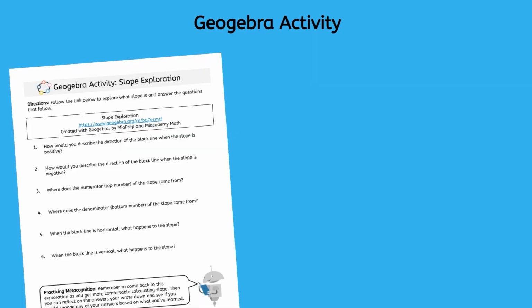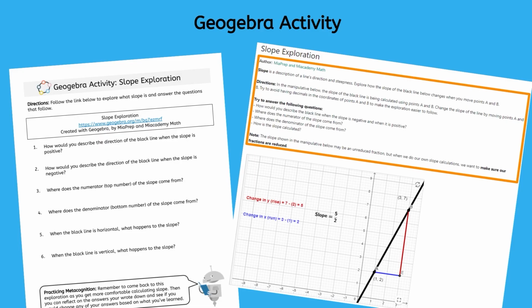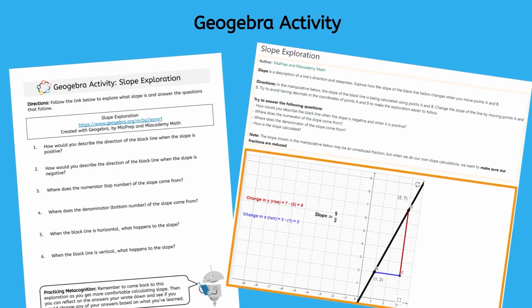In order to prepare for this video, it's really important that you complete the GeoGebra activity in your PDF. If you haven't done so already, follow the link to the GeoGebra activity. Read and follow the instructions carefully, and spend some time exploring so you can answer the questions on your PDF.